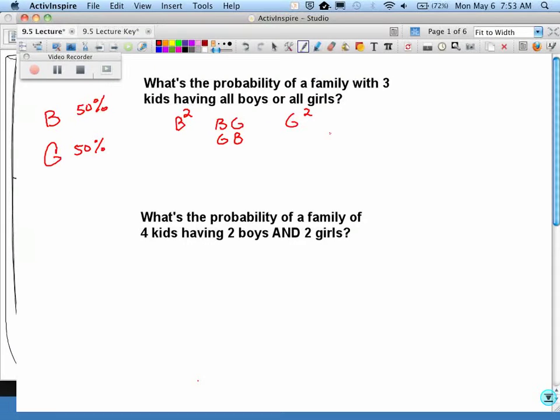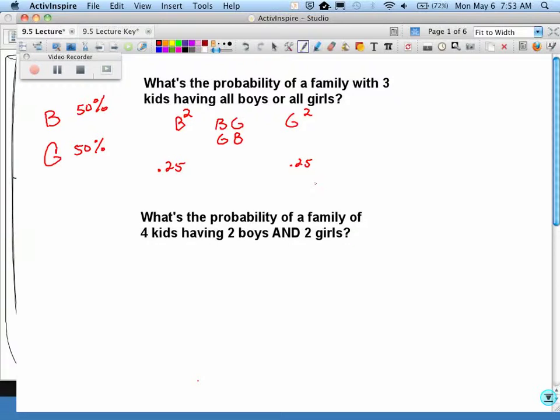What's 0.5 squared? 0.25. What's for the girl? Also 0.5 squared would be 0.25. So you can see the probabilities right there. The boy and the girl, or the girl and the boy would be, what's 0.5 times 0.5?